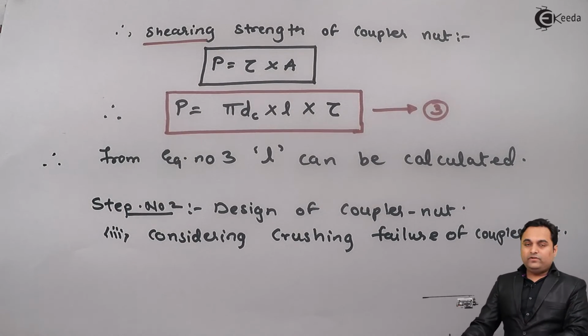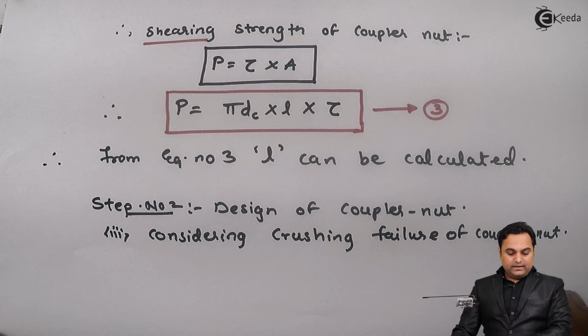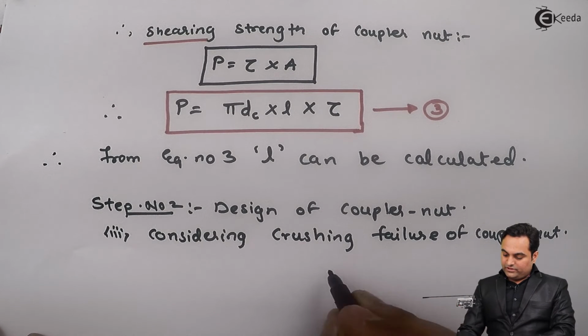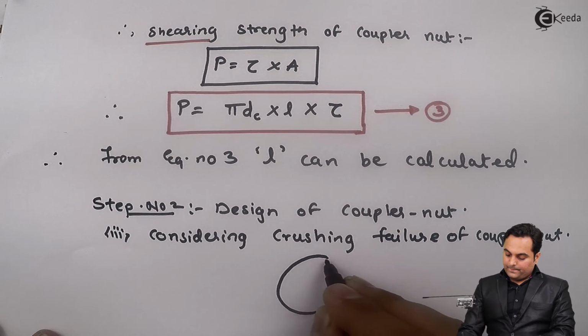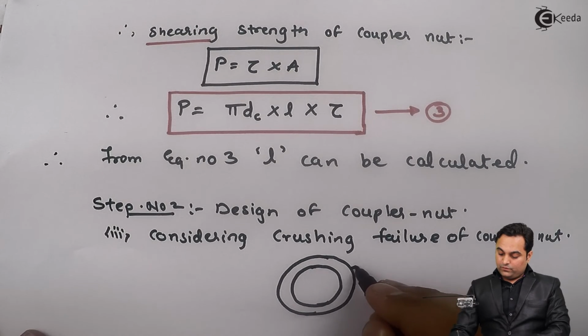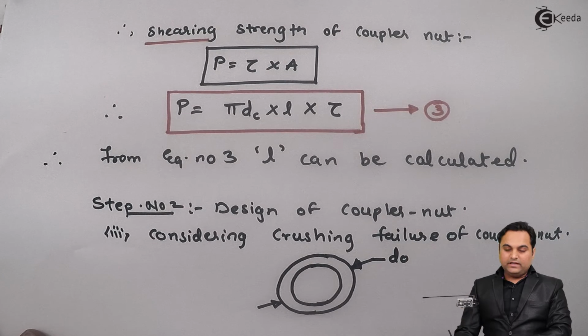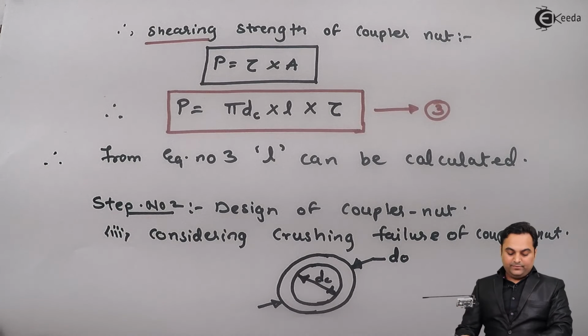Now, when we are considering crushing failure, if I draw the failure diagram, then I will be able to explain it in a better manner. Here I have DO as the nominal diameter and DC as the core diameter.